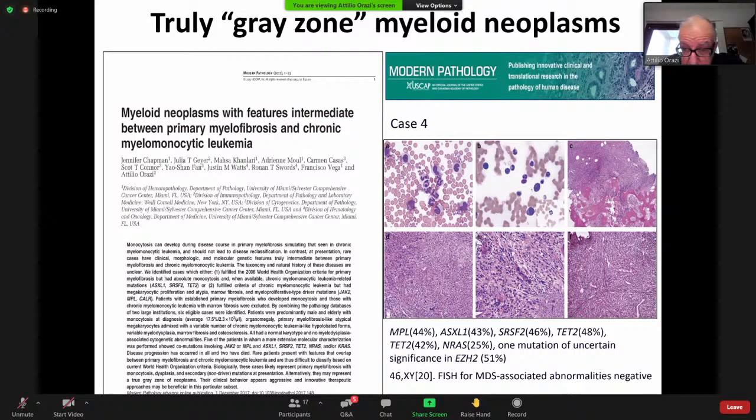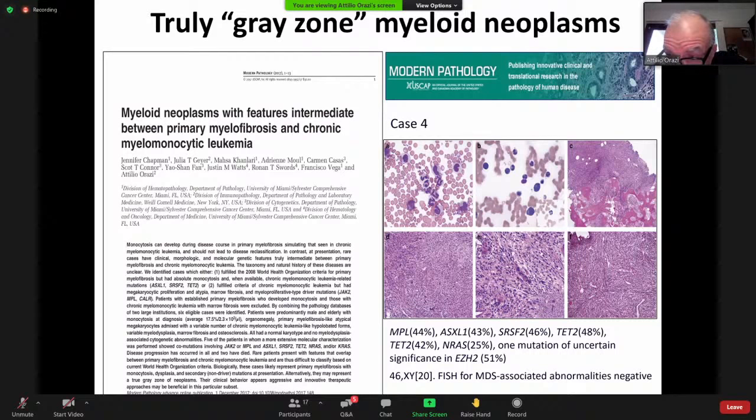But at the same time, you have a perfect CMML signature with ASXL1, SRSF2, TET2, and RAS. And a normal karyotype in spite of all this mess.